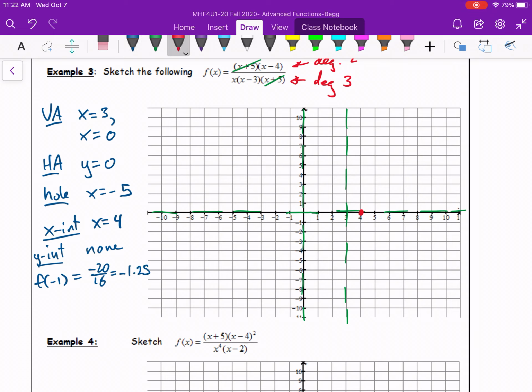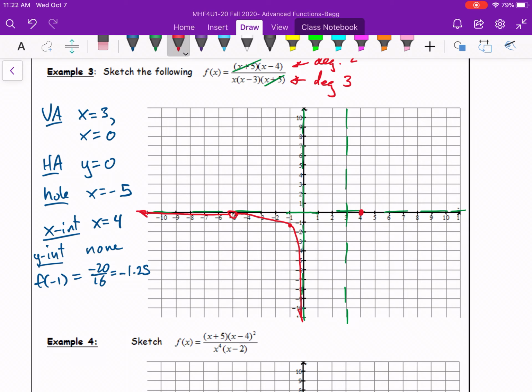So I'll have a point at -1 and -1.25, so about here. Okay. So now, even with that point, it's probably enough to let me predict, well, it's going to go down like this, and it's going to come back towards the x-axis here. Whoop, but we have a hole, right? So I'll draw my open circle, and then I'll keep going.